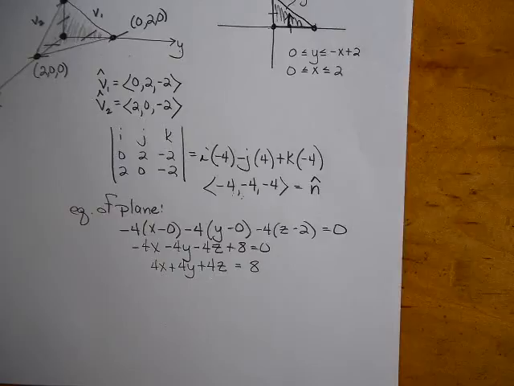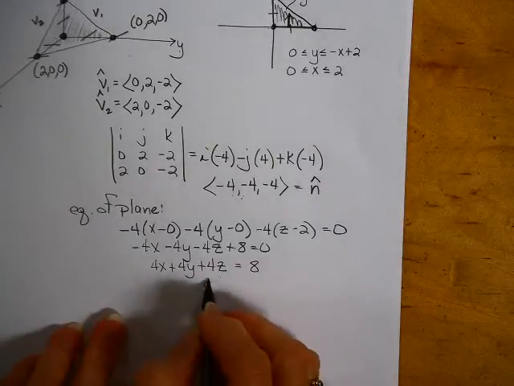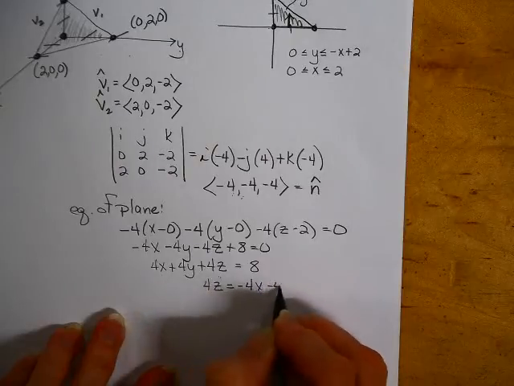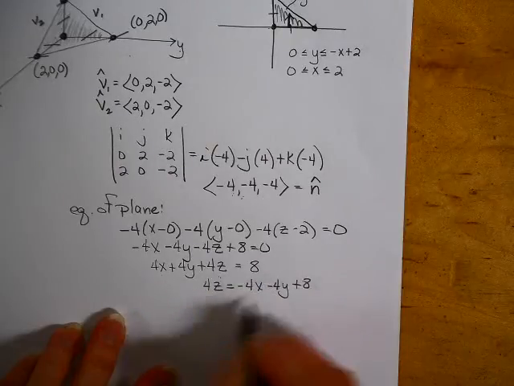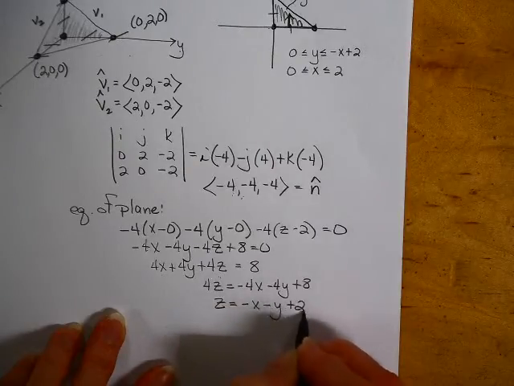So my z's, if y'all are with me, this plane out here, my z's are going from this xy plane to this plane. So I'm going from 0 to this plane. So I need to solve this for z. So z is negative x minus y plus 2.